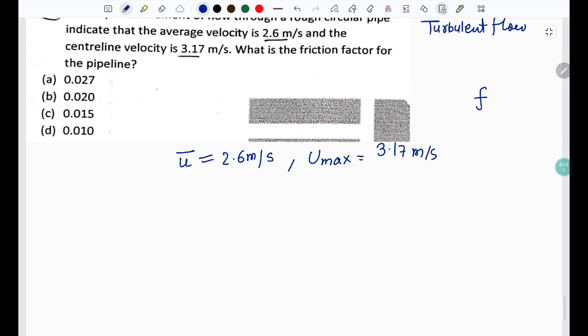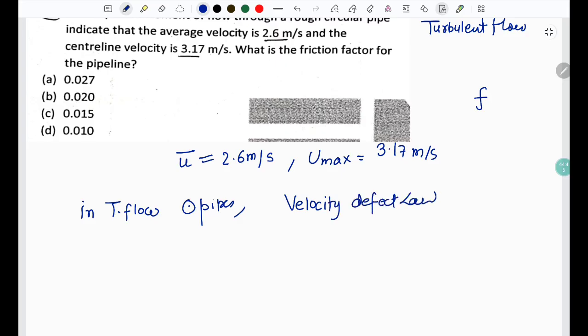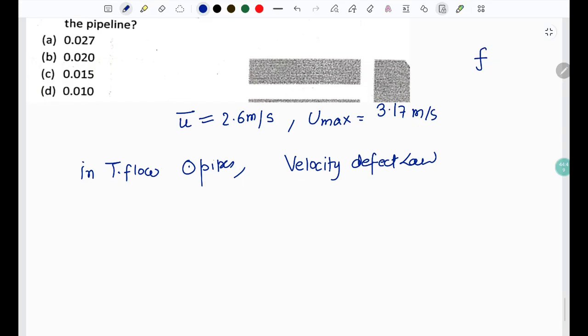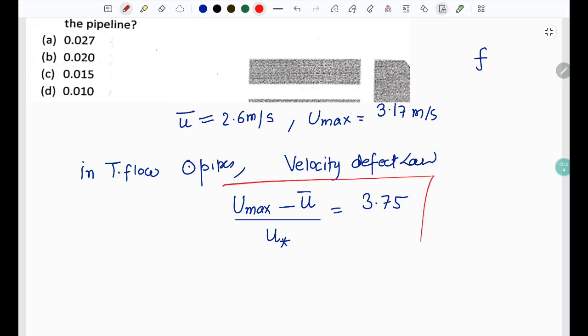Now in turbulent flow in circular pipes, there is the velocity defect law, which relates Umax, U bar and the shear velocity, where it is given as u max minus u bar by u star as 3.75, where u star is shear velocity.